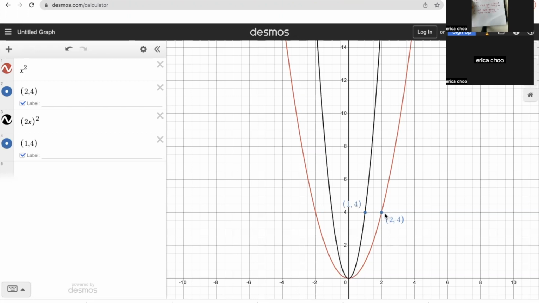And this makes sense because what we're doing here is we're keeping the y-axis the same, therefore the y coordinates are the same. And what we're doing is we're shrinking the x-axis, therefore it has a change here. And this is the dilation of a factor of half from the y-axis, okay?